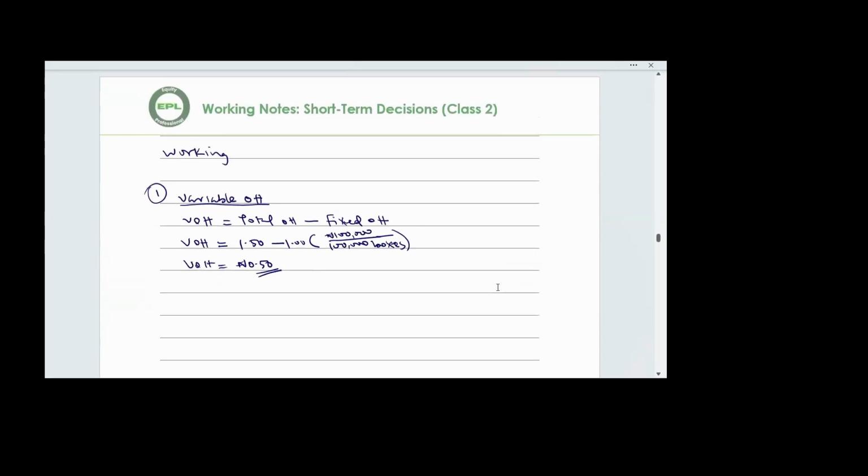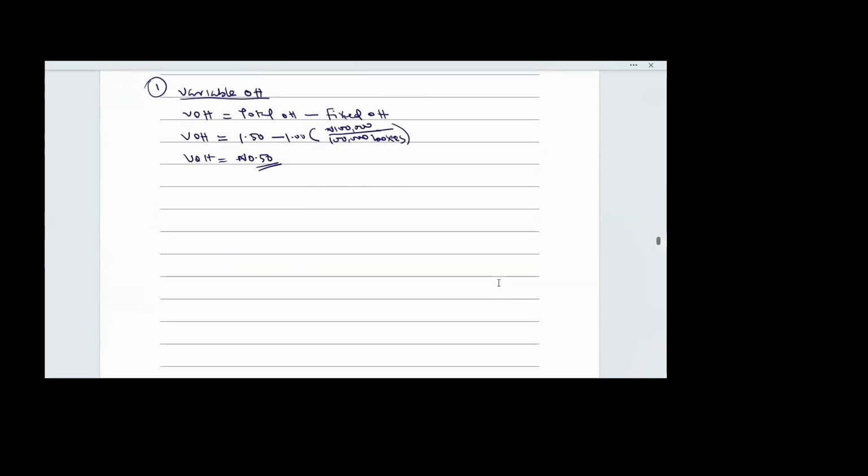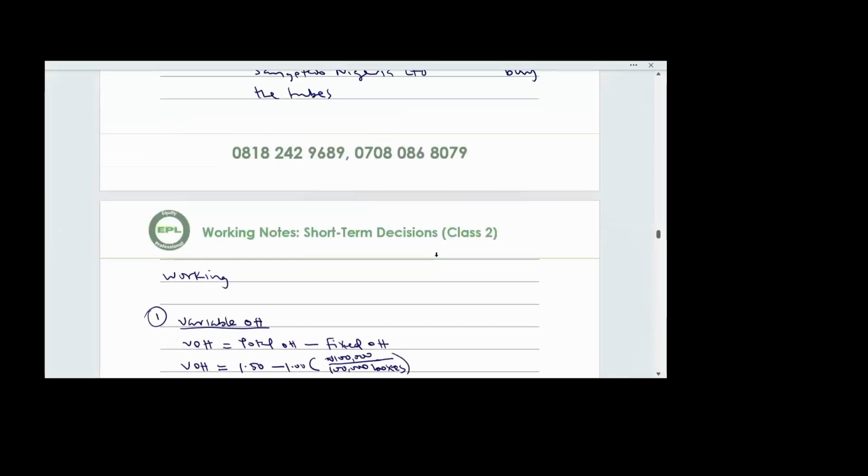Finally, number 4. You are now told that the company has the option of making and buying at the same time. What will be your answer to requirement number 3, if this alternative were considered? Show calculation for your answer. Okay, the company has the option of making and buying at the same time.